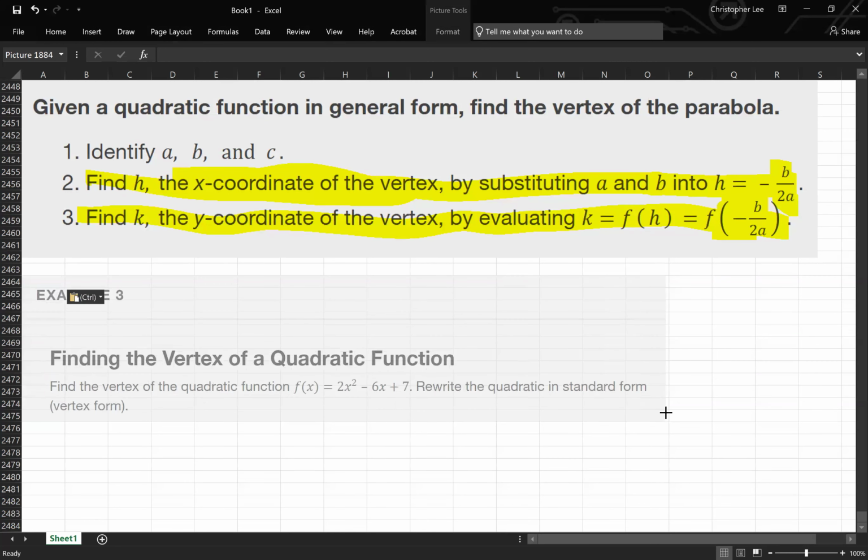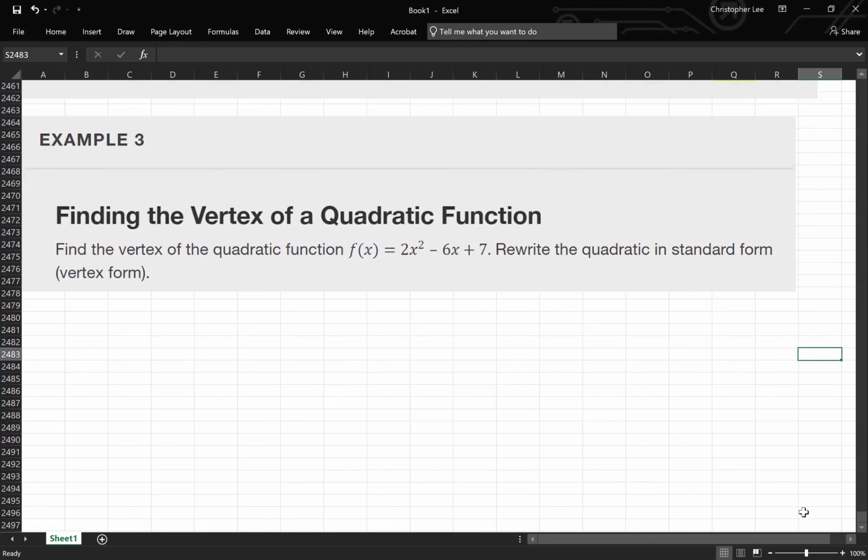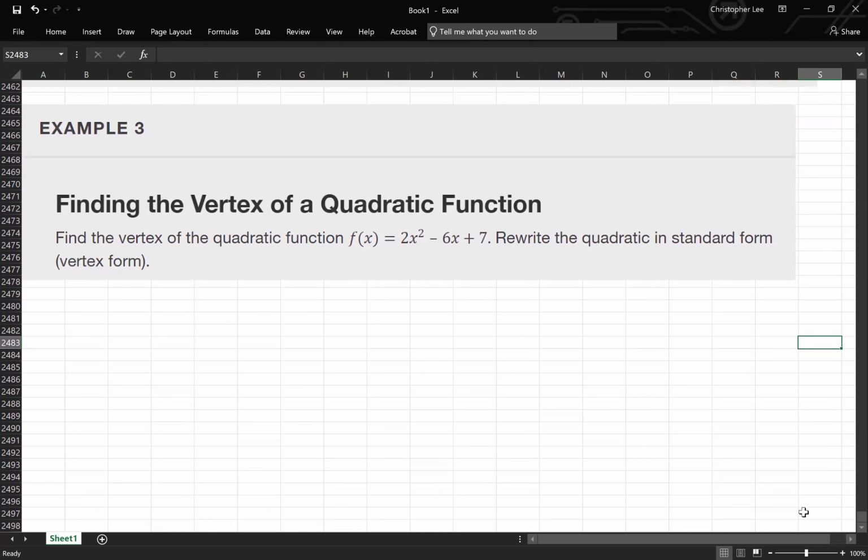For example, right? Finding the vertex of a quadratic function. I have f of x is equal to 2x squared minus 6x plus 7. I want to rewrite the quadratic in standard form, the vertex form, right? So first thing is first, I got to find the vertex. So h is equal to negative b over 2a, right?